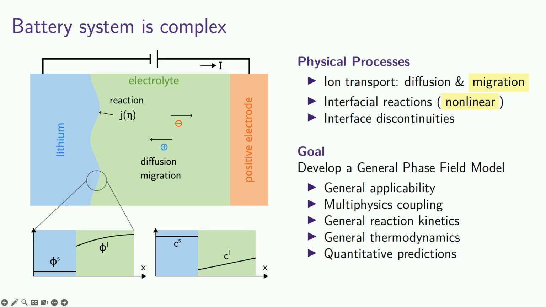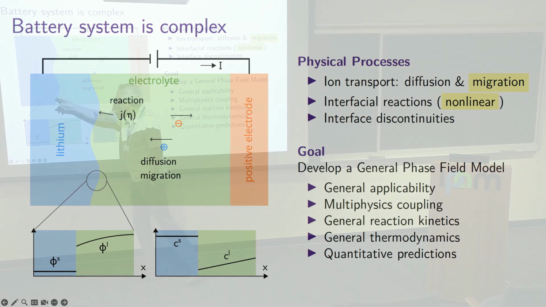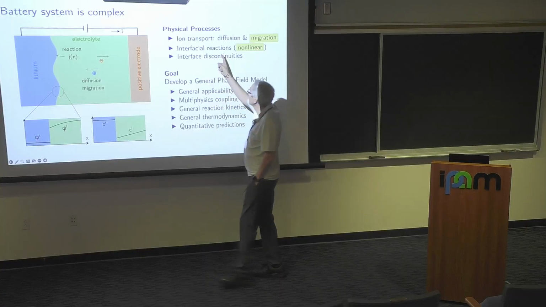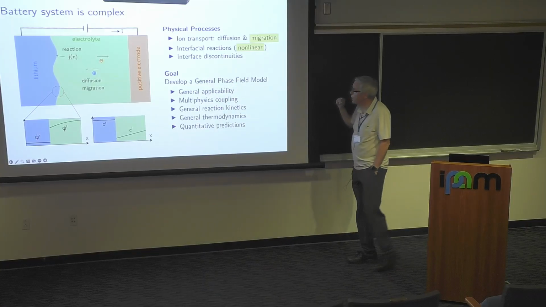It's, as you probably guessed, a fairly complicated process. Battery charging and discharging involves long-range ion transport: diffusion due to classical chemical-driven diffusion, but also migration due to the potential gradients. The interfacial reactions that allow the interface to move are nonlinear, I'll tell you about that in a little bit.